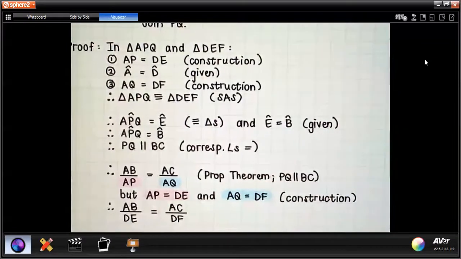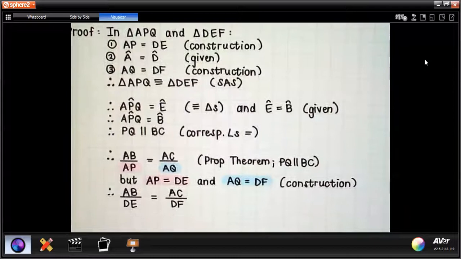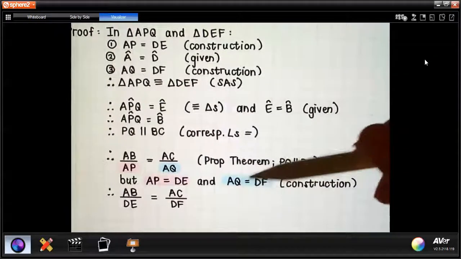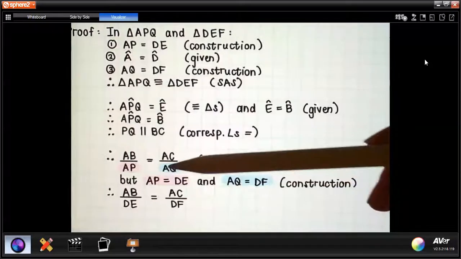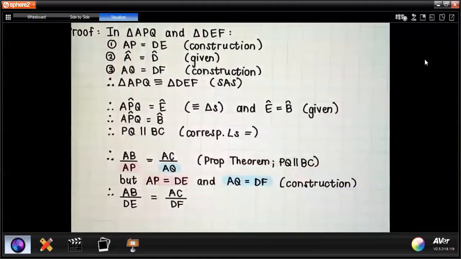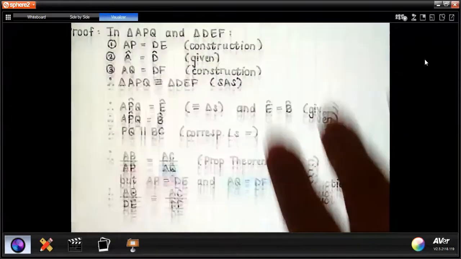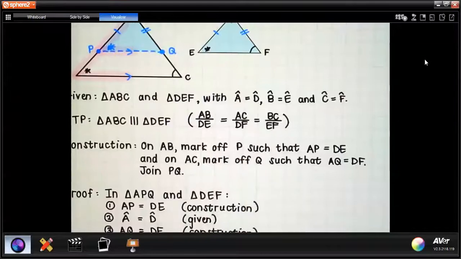Again, we don't need a reason for that line. That is just following on from the two previous lines where we've just substituted AP for DE and AQ for DF. Okay, so that is the first two fractions of our set of three fractions that we need to prove equal.